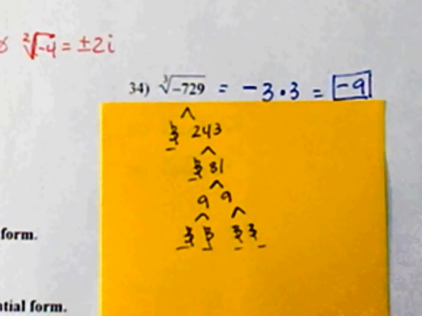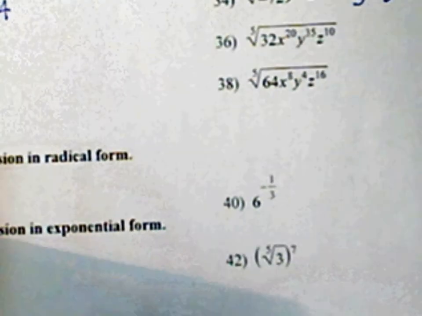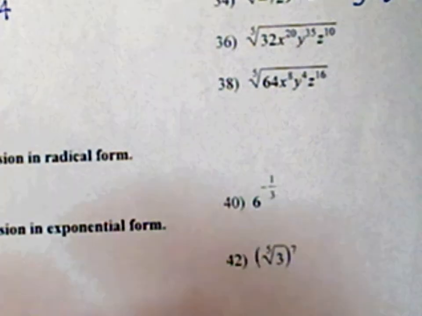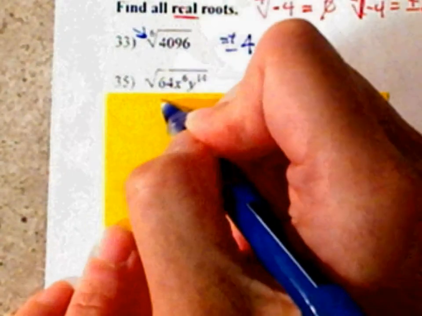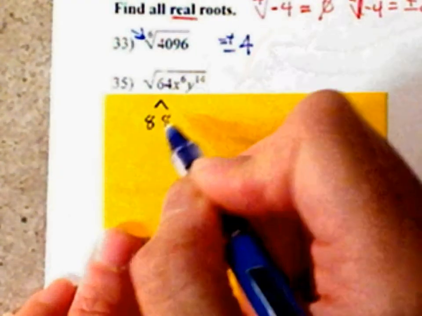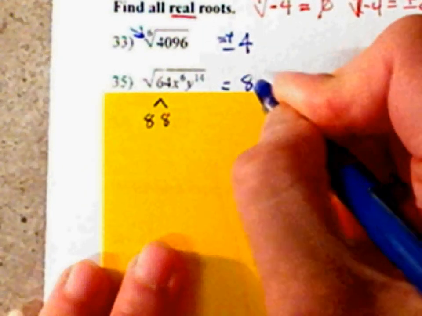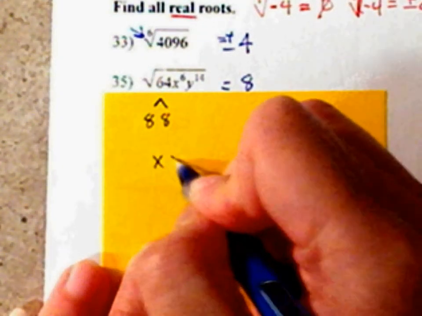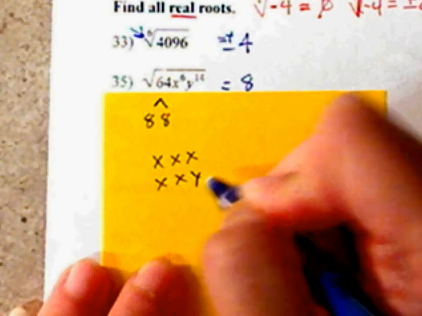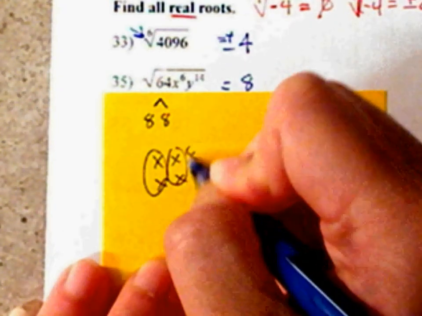Number 35. On 35, we are looking for a square root. Okay? So square root of 64, that's the same as 8 and 8. Now if you want to keep breaking down, you sure can, but I'm not going to. So you have 8 with nothing left over. You've got 6 x's, groups of 2, 1, 2, 3, so x to the third.